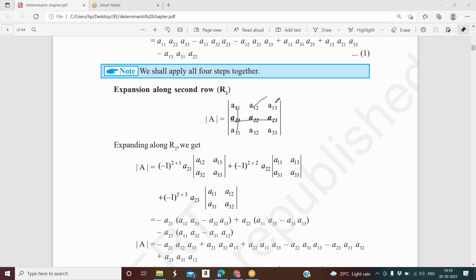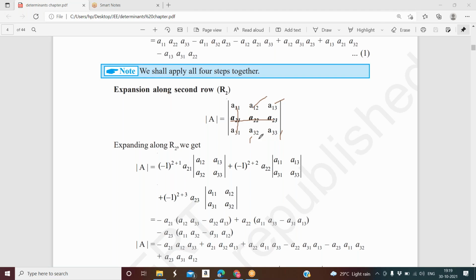So you can see A12, A13, A32, A33. Here they have written minus 1 power, what is 2 plus 1? We are considering A21, so 2 plus 1, A21 into determinant of A22, A23, A32, A33.